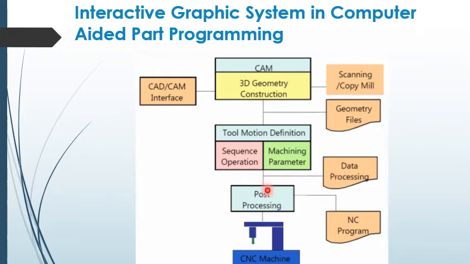After the data processing, it goes to the post processing part, and in post processing we generate the NC part program. This is fed to the CNC or MCU part of the CNC machine and read by the CNC machine. Then we prepare the part.